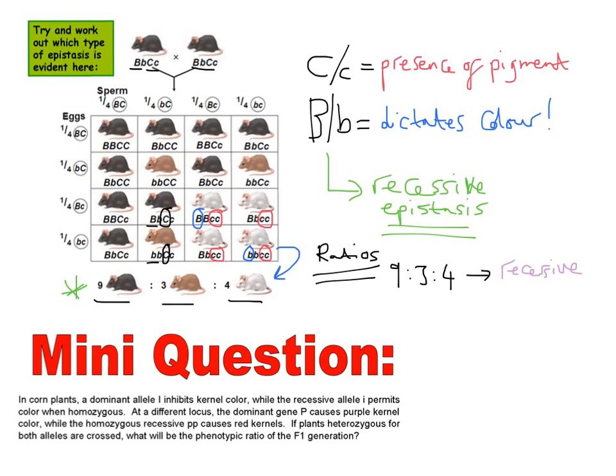If the ratio comes out as 12:3:1, or sometimes that can come out as actually 13:1, then you can straight away presume that we have a dominant epistasis. And if the ratio that you find when you do this cross comes out as 9:7, as you might guess, that is when we've got what's called a complementary epistasis.